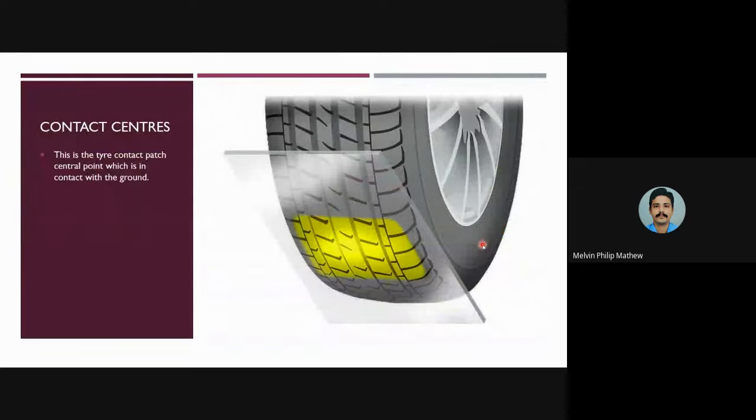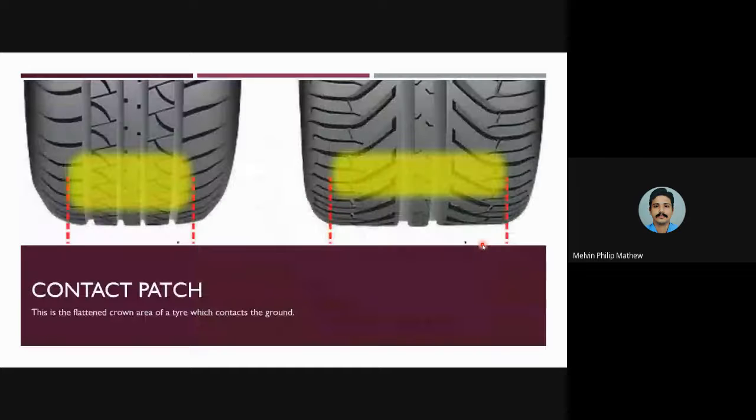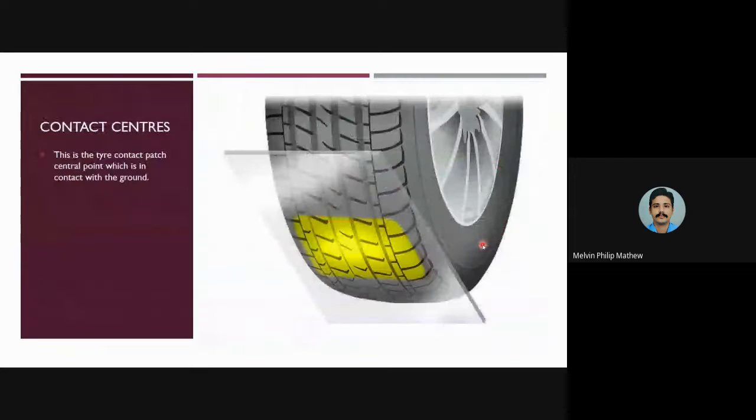Next is contact center. We have already talked about contact patch, and from that contact patch, a center is derived. The center of the contact patch is known as contact center. It is termed as the tire contact patch central point which is in contact with the ground. It is a central point almost here.